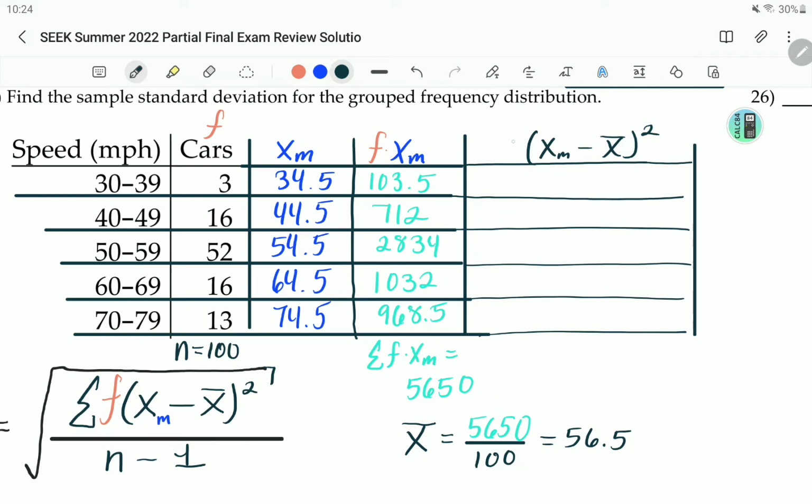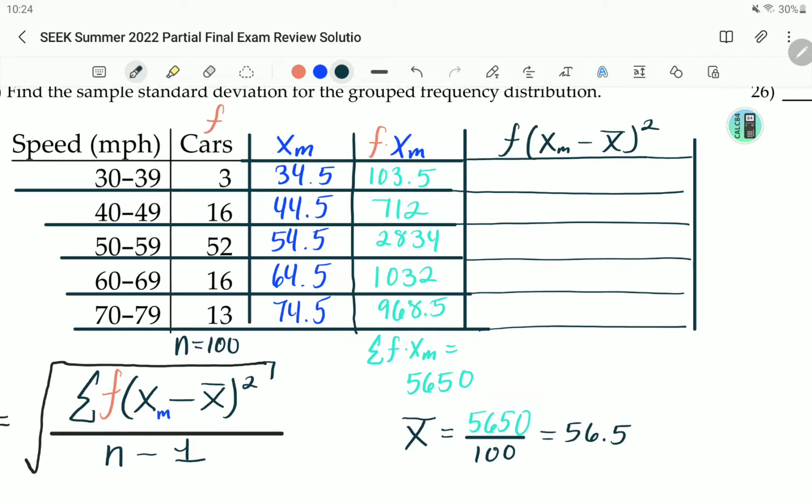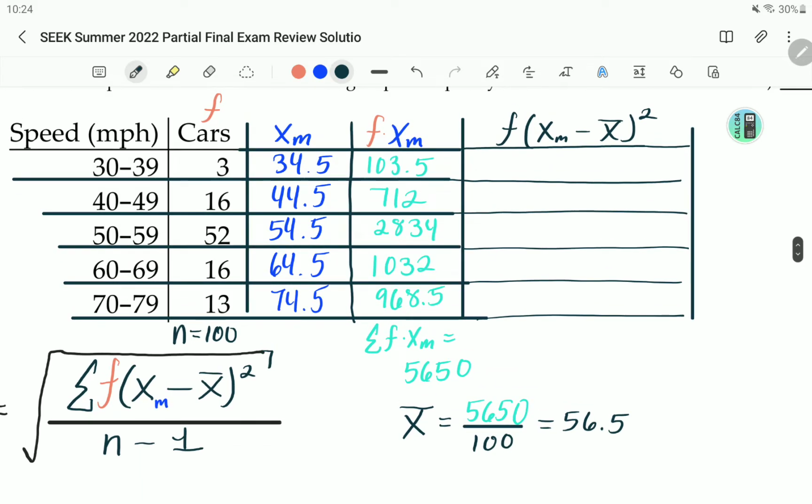Let's put that in black. Now let's look at the first one. The frequency is 3. The midpoint is 34.5. Minus the mean of 56.5, and that's being squared.